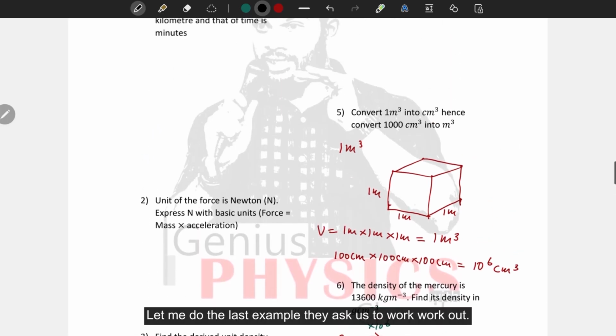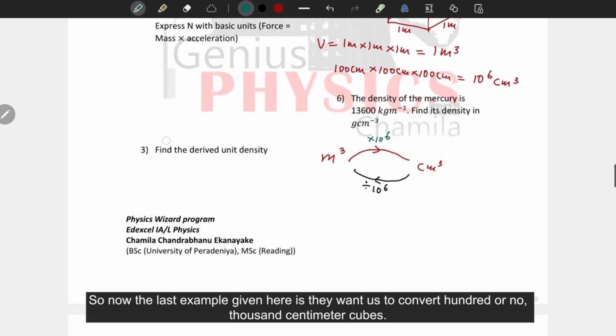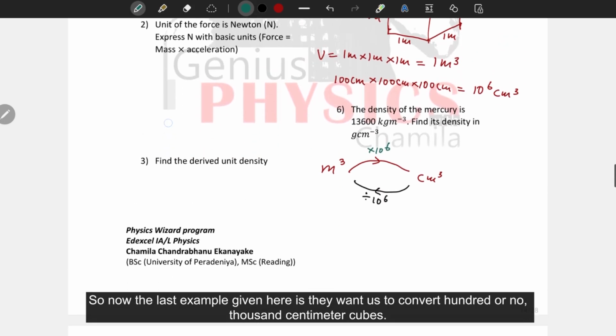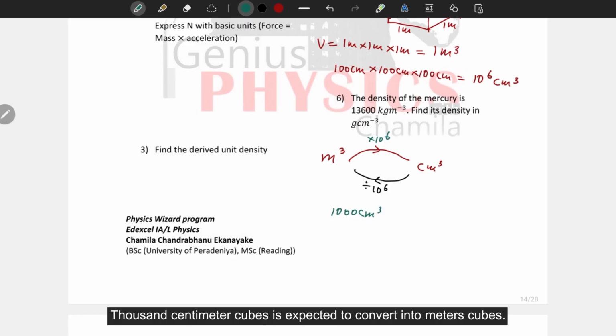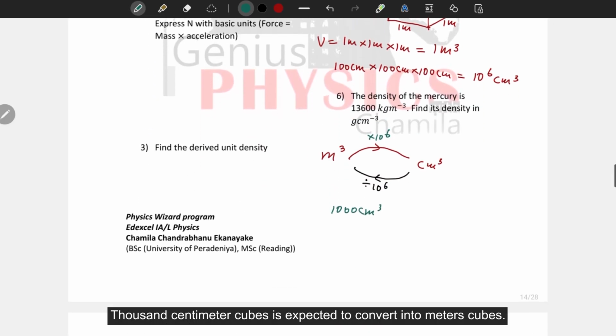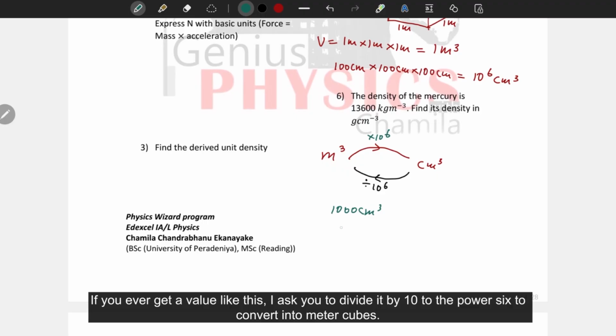Right, let me do the last example they ask us to work out. The last example given here is to convert 1000 centimeter cubes into meter cubes. We already know the approach. If you ever get a value like this, divide it by 10 to the power 6 to convert it into meter cubes.